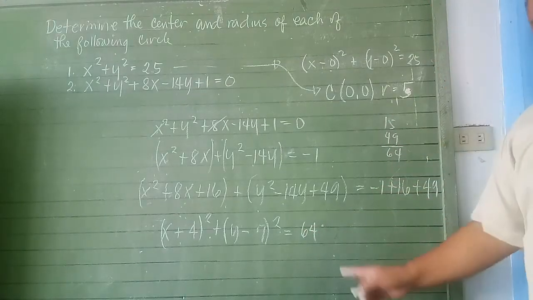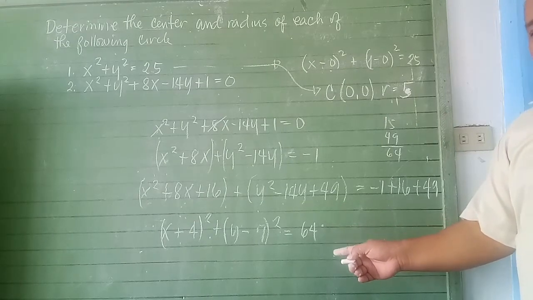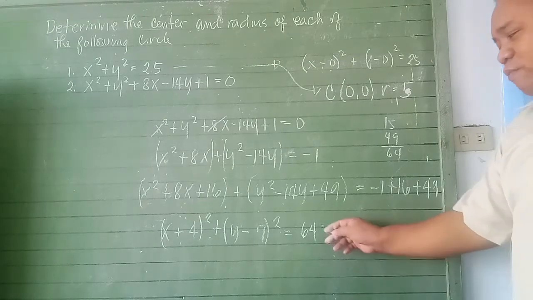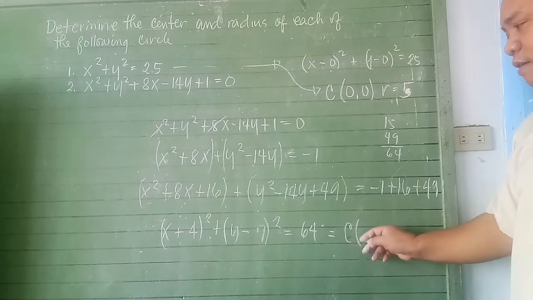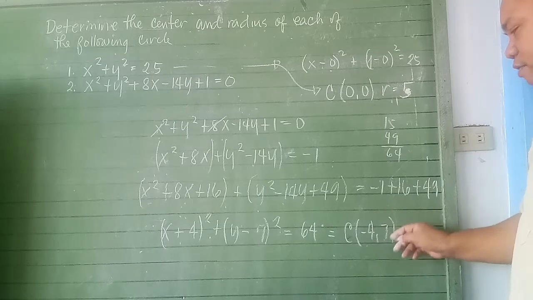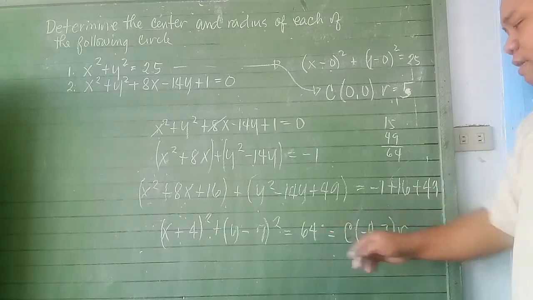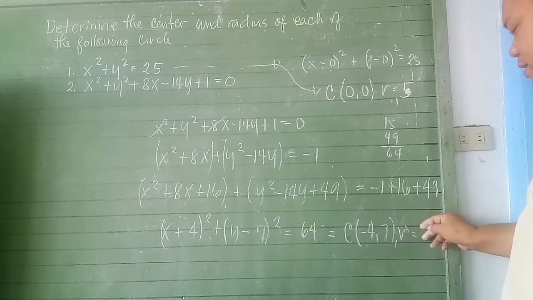Now obviously, you can see the center and the radius of the circle. What will be the center? The center should be at (negative 4, 7), and your radius is the square root of 64, and that is 8.